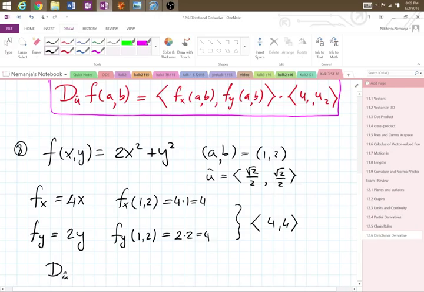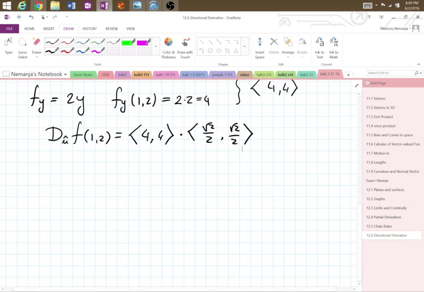The directional derivative in direction of u of f computed at 1, 2 is going to be the dot product of 4, 4 with root 2 over 2, root 2 over 2. When you multiply this, you will get 2 root 2 plus 2 root 2, which is 4 root 2. So 4 root 2. Scared me there.